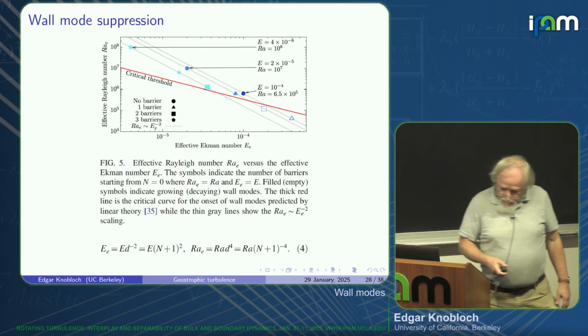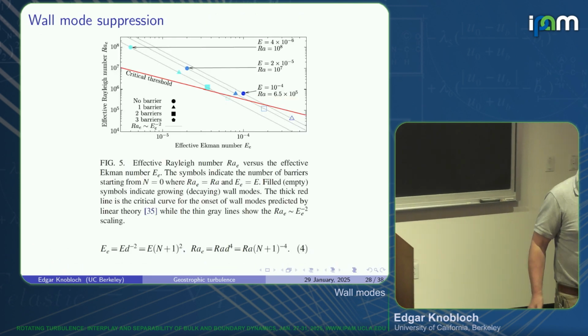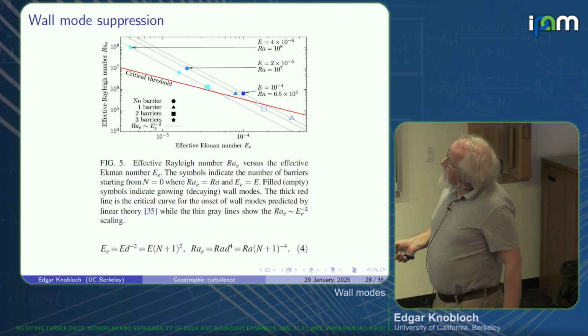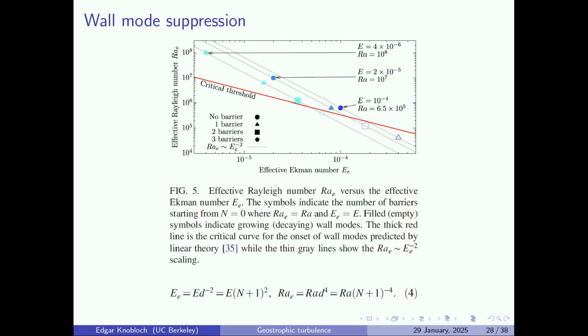And then, the question was, how many barriers do you actually need, right? So here is something that we call the effective Rayleigh number. I'm going to define that in a moment, and the effective Ekman number. Here is the threshold for the wall mode in the absence of any barriers. And then here is the situation with different numbers of barriers and different parameters, okay?